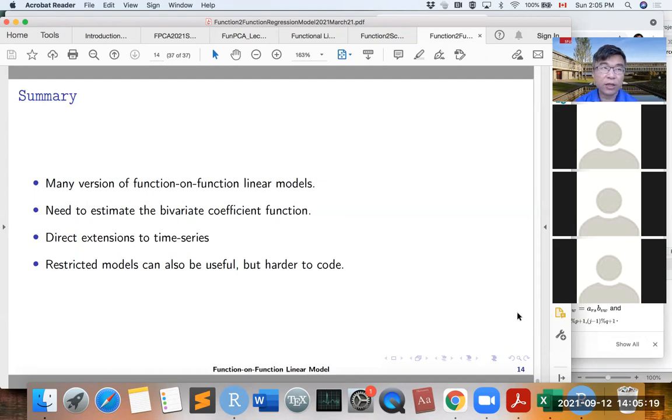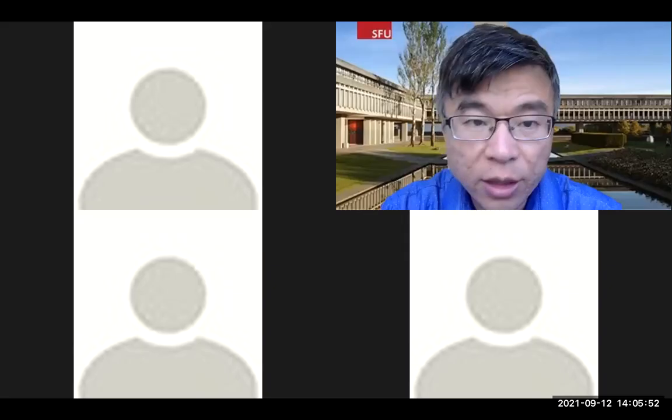We have to use a tensor product of basis functions to represent the bivariate coefficient function. This function regression model can be extended to functional time series analysis. We also have some restricted models that are more realistic, but also harder to code. So this is the result for the function regression model. Let me stop.